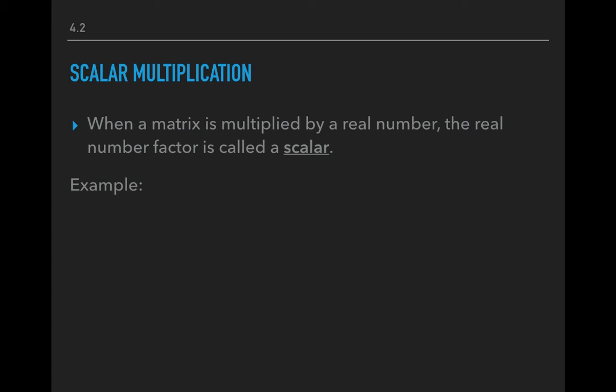Now, let's talk about scalar multiplication. When a matrix is multiplied by a real number, that real number factor is called a scalar. Let me show you this in an example here. Let's take this matrix. It has the elements 2, -4, 0, and 7. We're going to multiply it by the scalar 3.